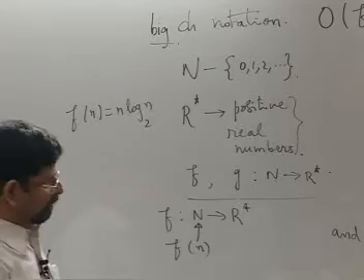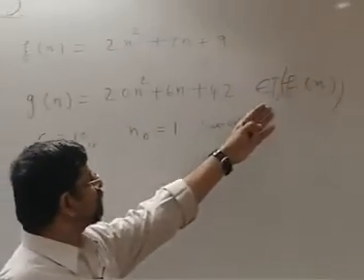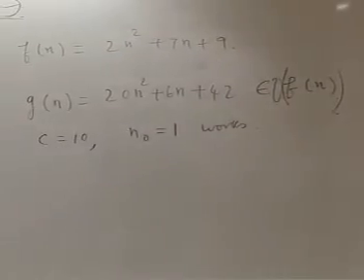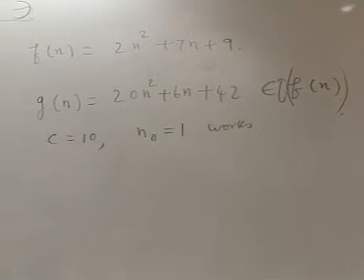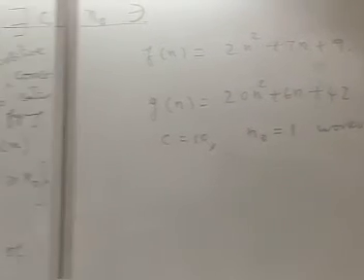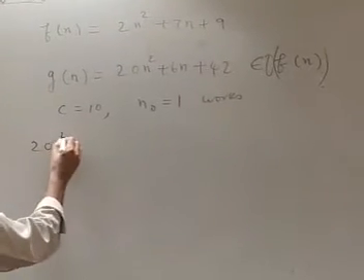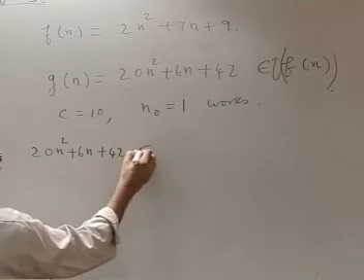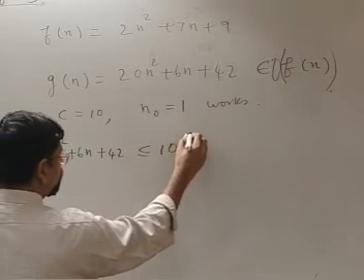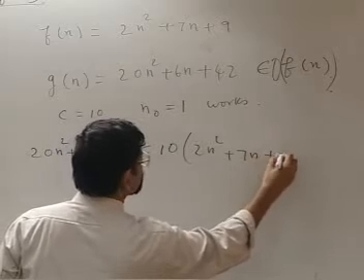Okay. For instance, in order to show that this function belongs to big O of f of n, I have to show you the existence of c and n naught. This works. How? You see that 20n square plus 6n plus 42 is less than or equal to 10 times 2n square plus 7n plus 9.